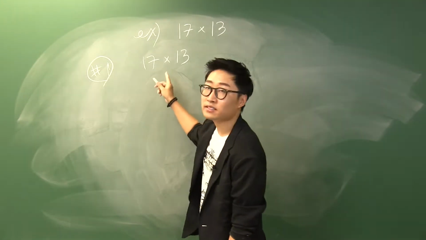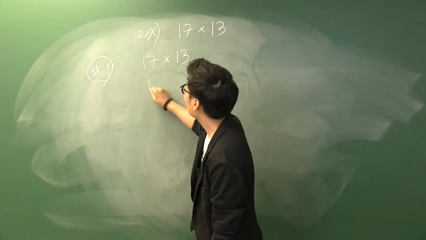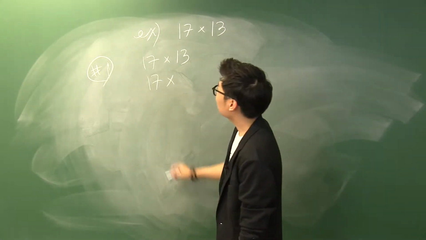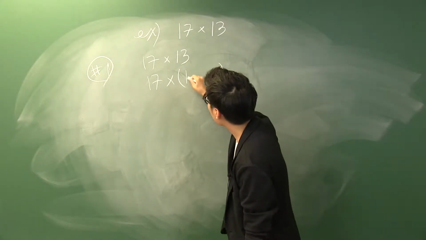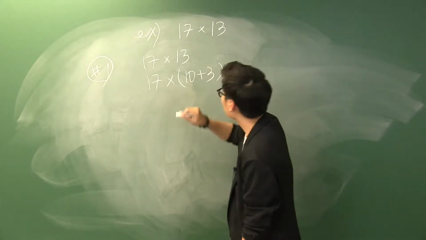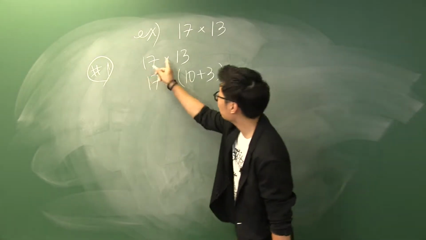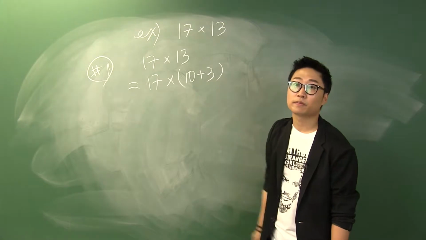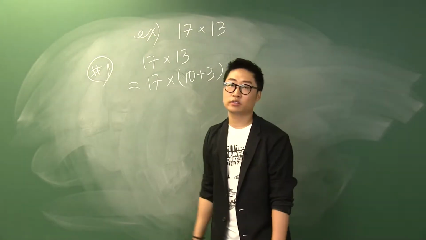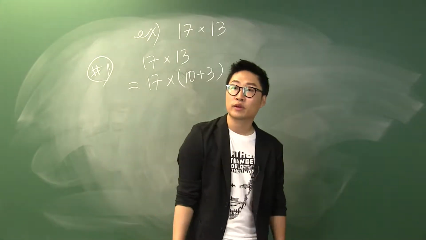I'm going to write this 17 times 13 slightly differently. I'm going to put 17 times 10 plus 3. Is that 13? Yeah, it's still the same thing. Now I'm going to use something called the distributive property, which hopefully we all learned back in 4th or 5th grade math.